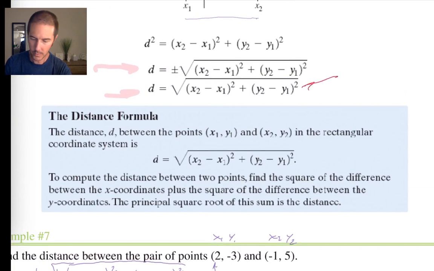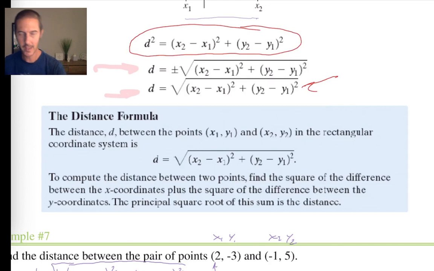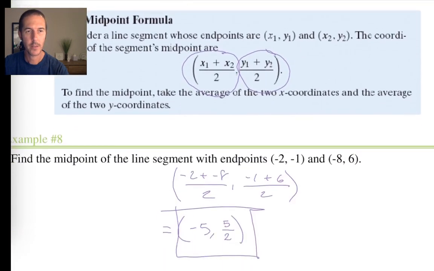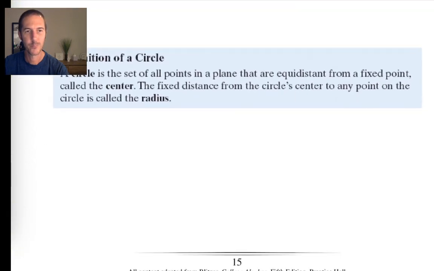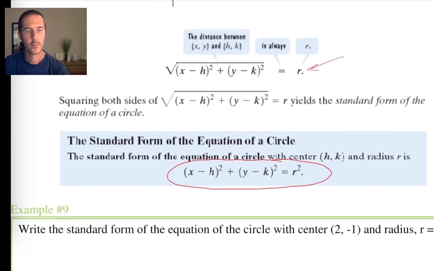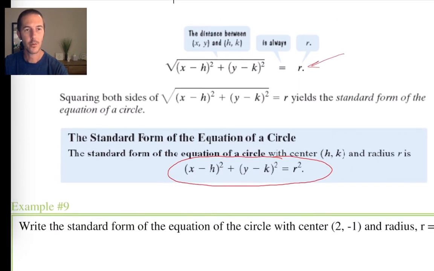Here it is with the square rooting already being done, but here's that second to last stage before we did the square root. All you do is replace this with an r, and I think this one was the h and this one was the k. Doesn't really matter actually. And all of a sudden you've got the formula for a circle. All right, let's get back down to our circle. There it is. That's the standard form for the equation of a circle.